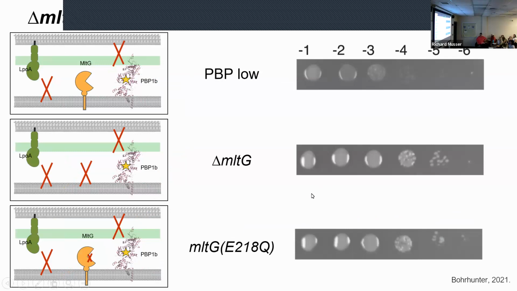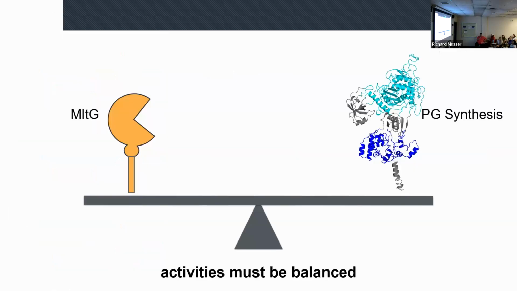And then I further confirmed it by creating a catalytic mutant to make sure that it is the enzymatic activity of MltG that is suppressing, that the loss of that activity is what's suppressing. And it was. So this suggests that MltG is antagonizing peptidoglycan synthesis and that it must be balanced with PG synthesis.